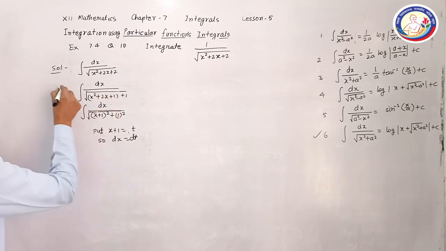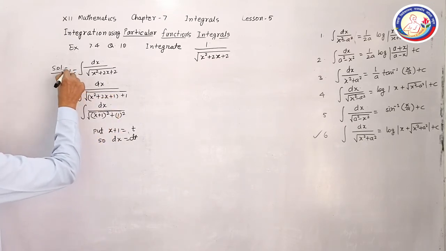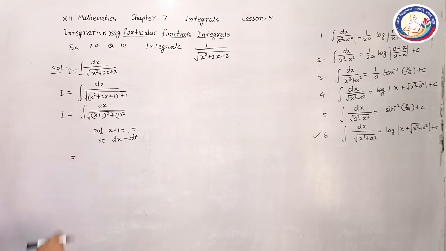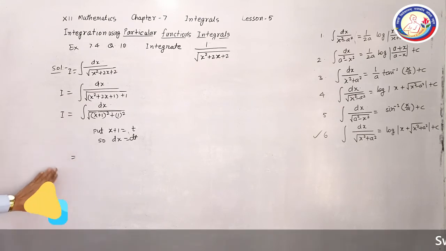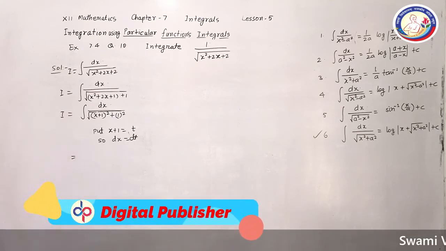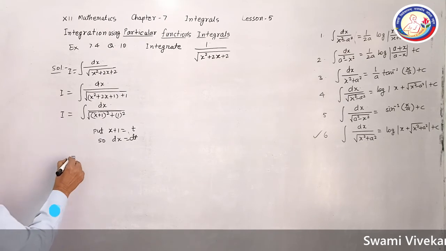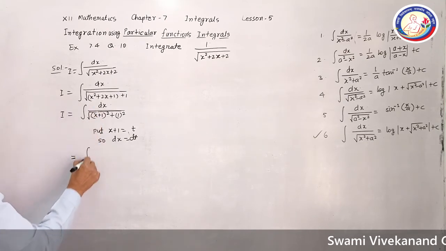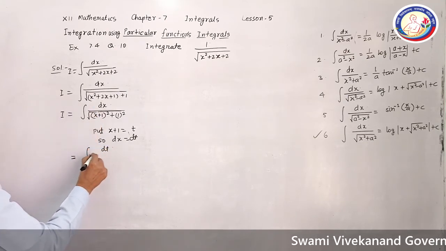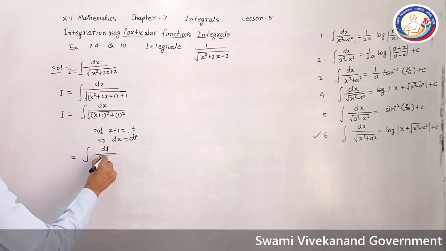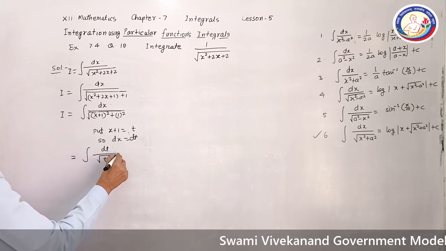Now let it be I. We denote definite integral with I, but I am using it here for facility to write it in a simple way. Integral dt upon square root of t square plus 1 square.